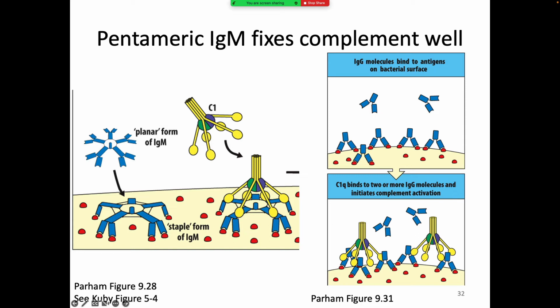IgM has exactly the right geometry when it's a pentamer in order to bind to C1. So yeah, other antibodies that aren't a pentamer can kind of luck out and get the right geometry. But IgM, because it's a pentamer, is like the perfect binding place for C1. And so IgM is an absolute all-star at fixing complement.